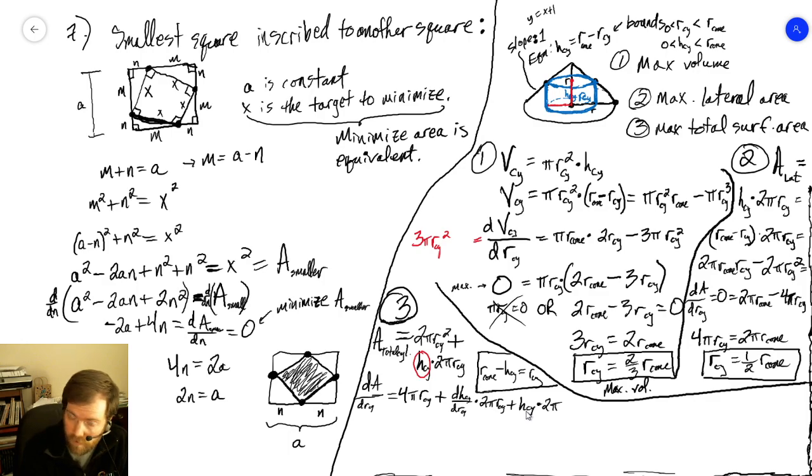Now if we couple this with the other equation, this should also do the same exact thing that I've been talking about, where it's not going to work whatsoever. It says that dH cylinder dr cylinder is going to be equal to r cone minus r cylinder derived, which is going to be -1.